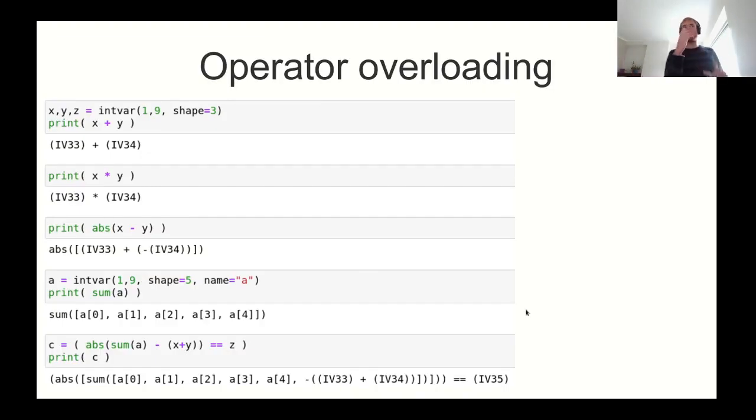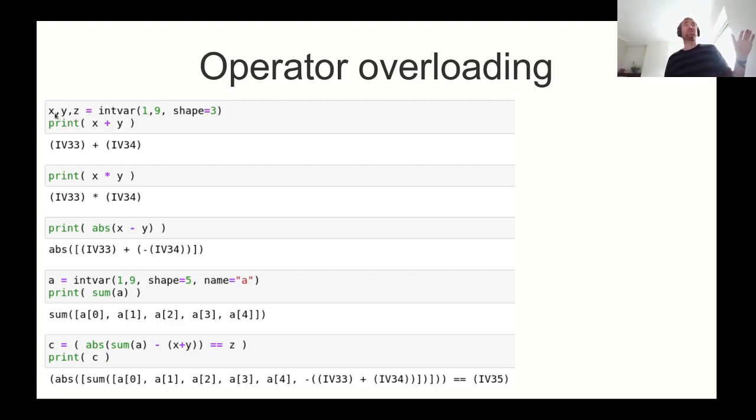All right, so we know how to create decision variables. A second nice property of using Python is operator overloading. So if you want to add 2 variables to each other in Python, you just write x plus y. If x would be 3, for example, and y would be 5.